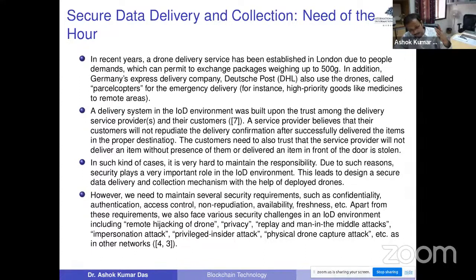There is also a reverse trust: the customer needs to trust that the service provider will not deliver an item without their presence, or deliver an item in front of the door where it is stolen. That was the mutual trust in drone delivery systems.